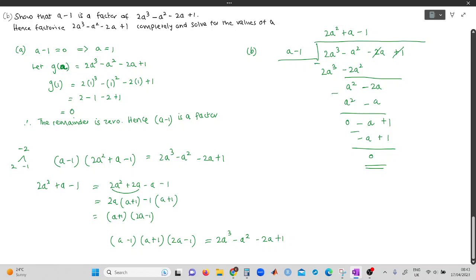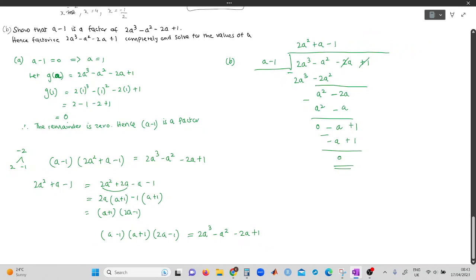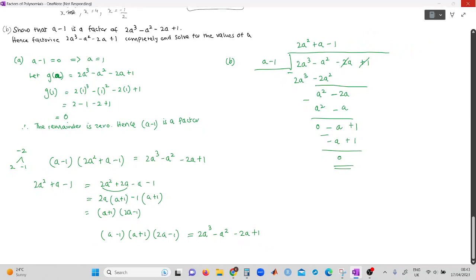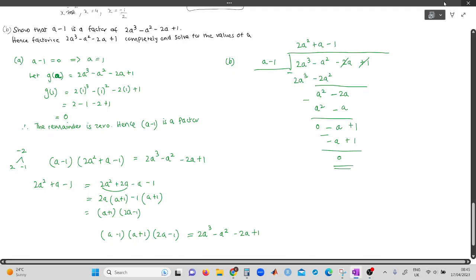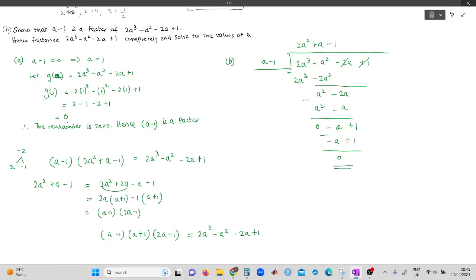Donc la question ne se termine pas là. On m'a dit de factorize and then solve for the values of a. So what are the values of a? Tout simplement, I can just equate them to 0. Here we have already factorized. Now we need to find the values of a. So a minus 1, a plus 1, 2a minus 1, we can equate it to 0.